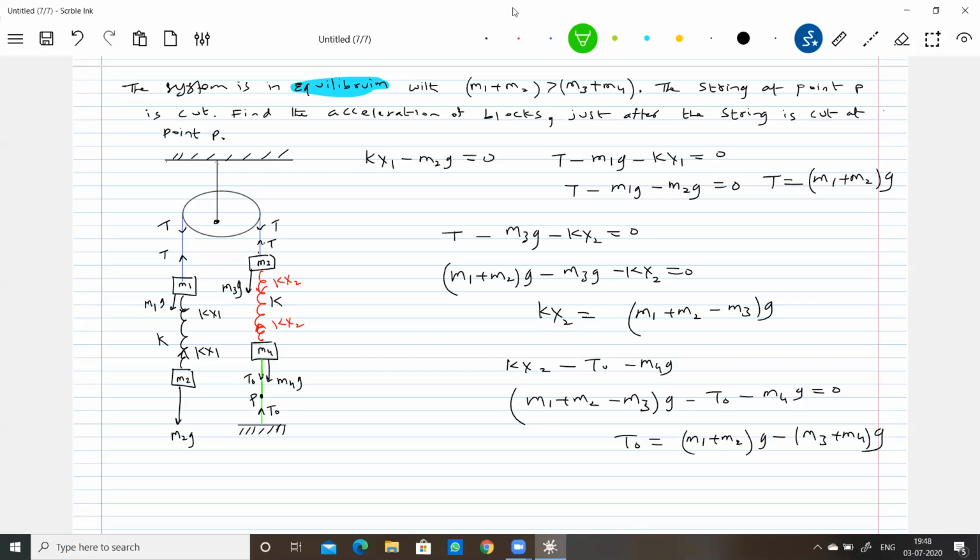Now I'm going to cut it. So if I cut, then what conditions will arise? So the moment I cut the string at point P, what happened to tension? Will vanish, no? That T naught will vanish. Then we'll see what all will happen here.